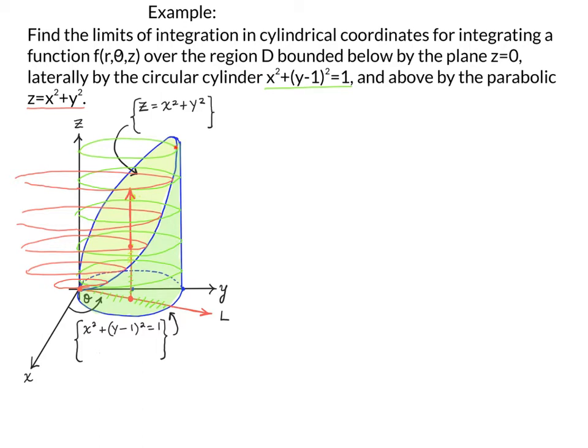And so we end up with this shape, bounded on the top by this circle equation, bounded on the bottom by the xy plane, and bounded on the sides by this equation here, which is a circle, creating a circular cylinder.